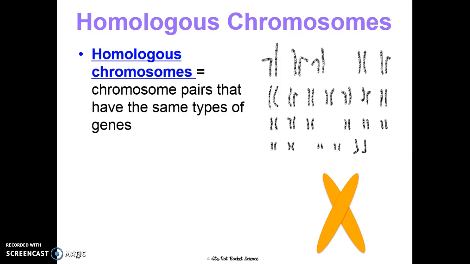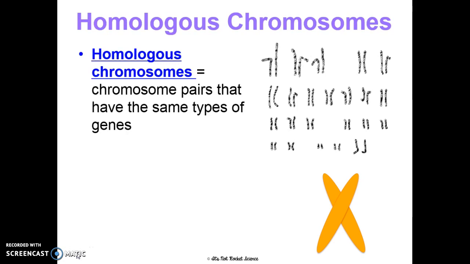Okay, so they might not have the exact same sequence, but two genes both might code for the color of your hair. And what we'll find in a little bit is that this is because we get one set from our mom and one set from our dad.